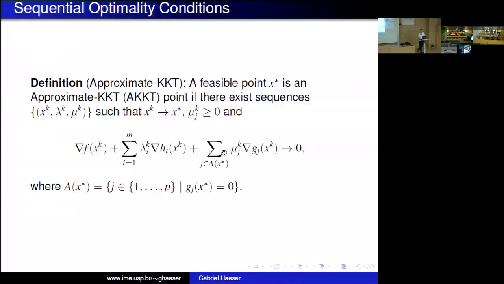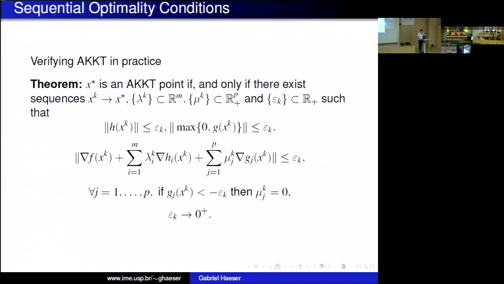I don't have the solution, and the active constraints may be different, even if xk is very close to the solution. So I must be able to check this without knowing the exact set of active constraints. So this is the active set of constraints.